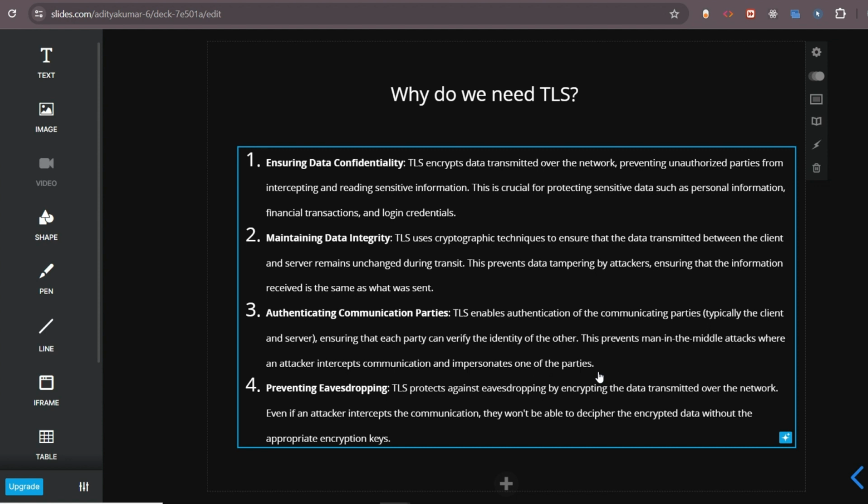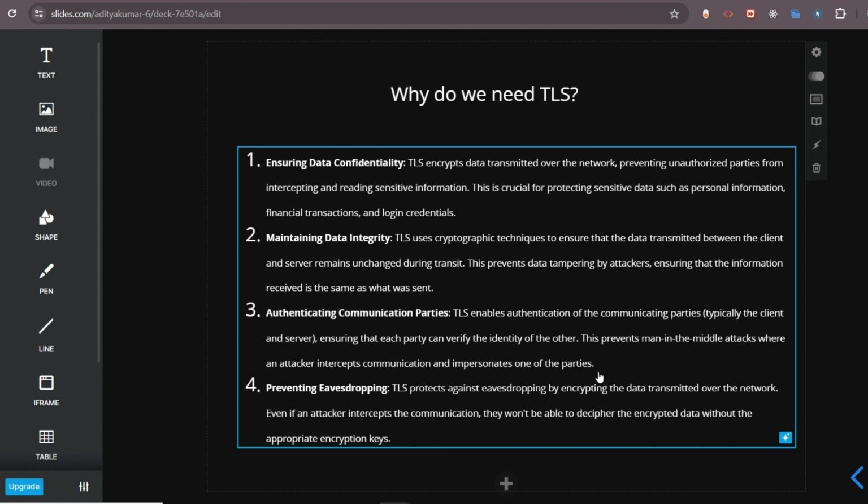So there's no third person, for example Mohan, who is saying, I am Ram, when actually he is Mohan. This problem is solved by TLS because it verifies that both parties are actually who they say they are.